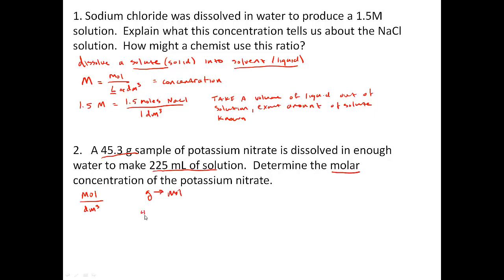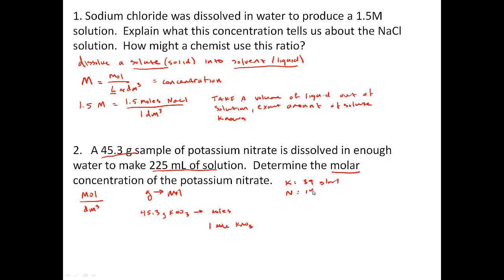Well, we can do that, all right? The question is, in 45.3 grams of potassium nitrate, how many moles is that? Well, if we use our molar mass from our periodic table, we can figure this out. In 1 mole of KNO3, K is 39 grams per mole.